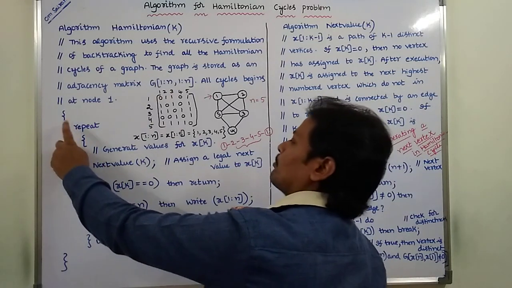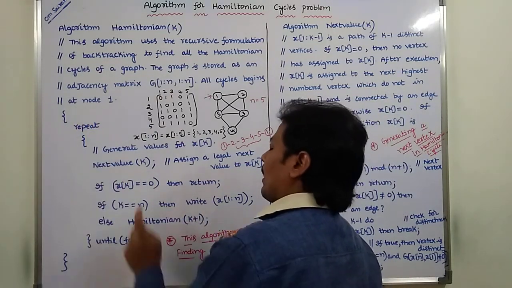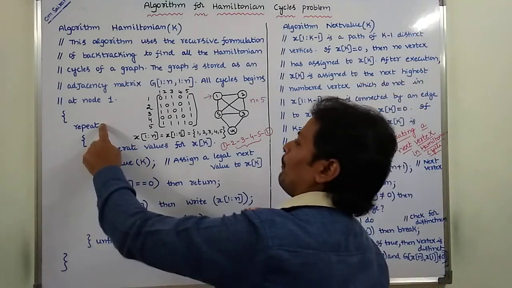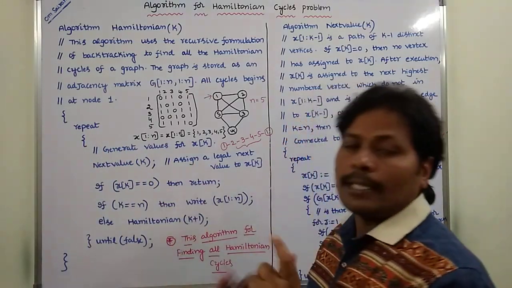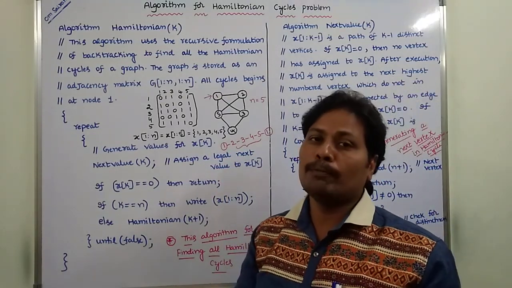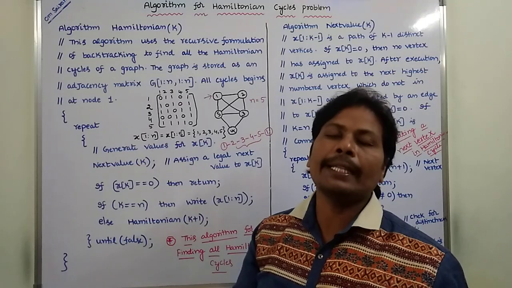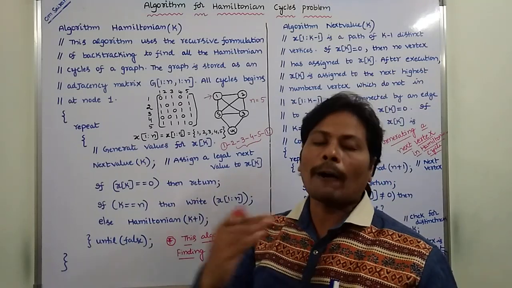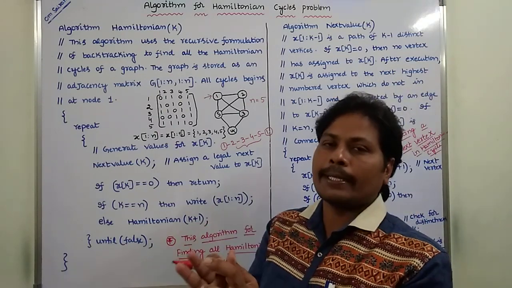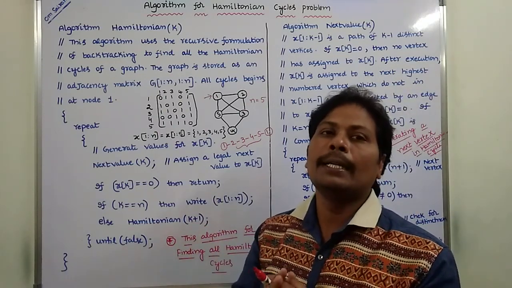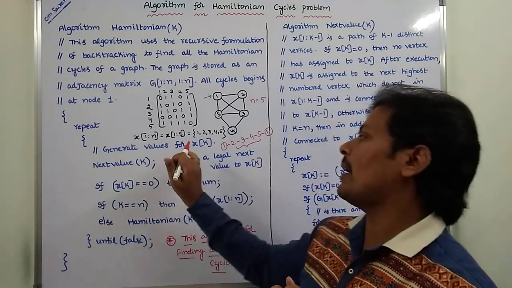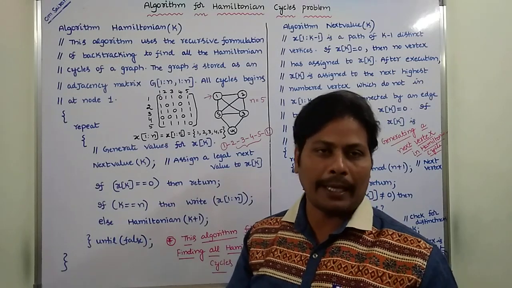Brace begin, repeat until is nothing but a do while loop. So repeat, brace begin. First, the Hamiltonian cycle starts with vertex 1. Next, generate the next vertices after vertex 1. Whatever vertices we have to consider are generated and assigned to x of k.